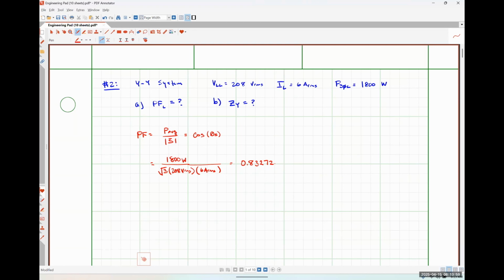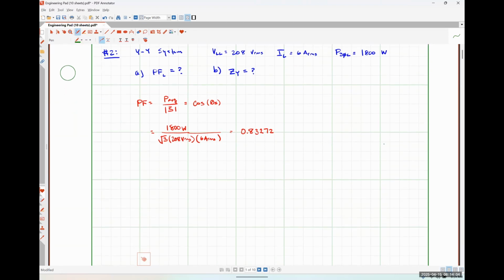So if we go back to, let me put this in a different relationship, right? Our total complex power in a three-phase system can either be written as 3 times our phase voltage times our phase current with an angle of the impedance, or it could be written as the square root of 3 times our line voltage times our line current with an angle of our impedance.